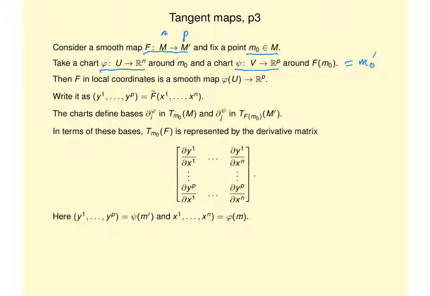Then f in local coordinates is a smooth map, of course, from phi of u, which is an open subset of Rn, to Rp.